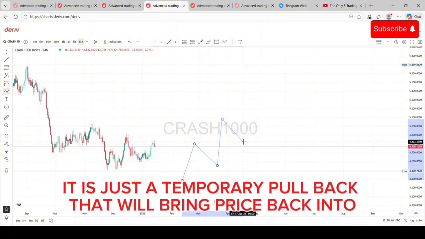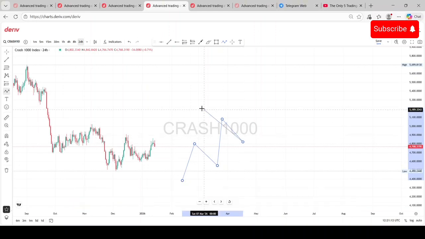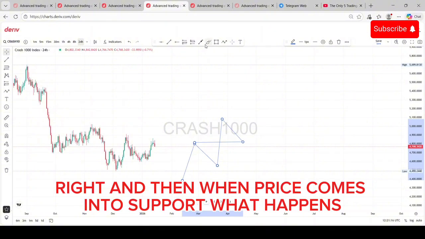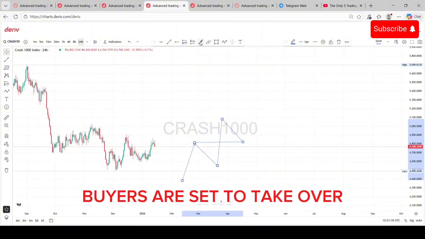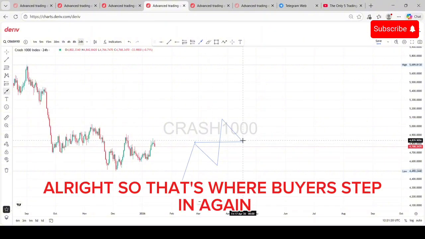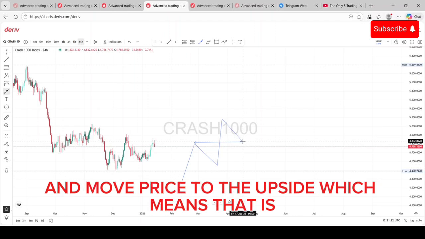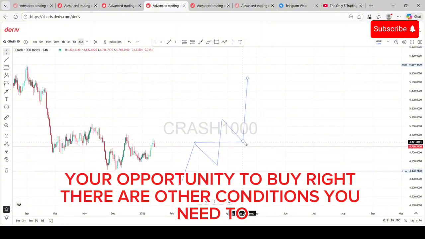It is just a temporary pullback that will bring price back into support here, right? And when price comes into support, what happens? Buyers are set to take over. That's where buyers step in again and move price to the upside, which means that is your opportunity to buy, right?